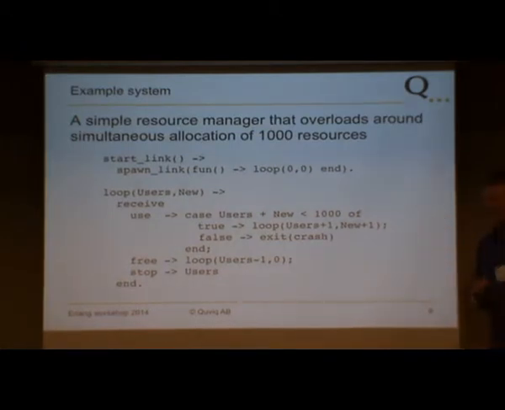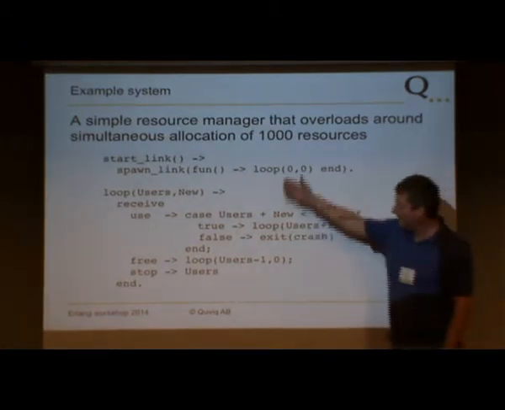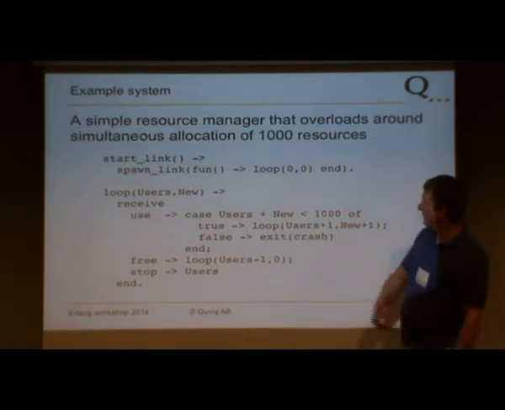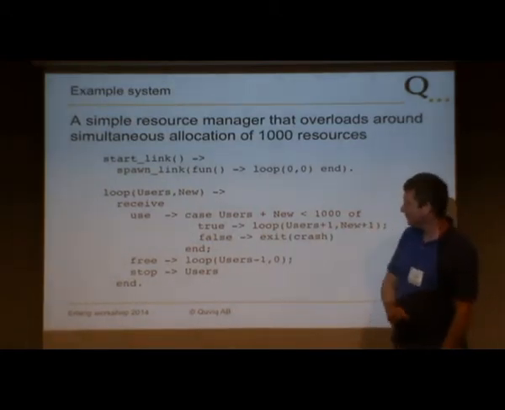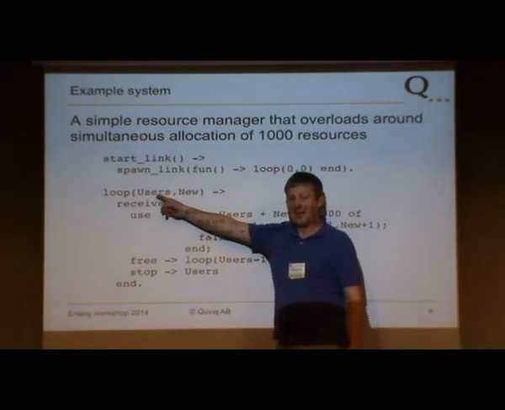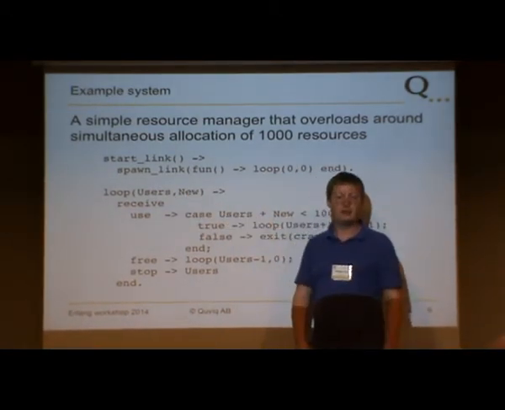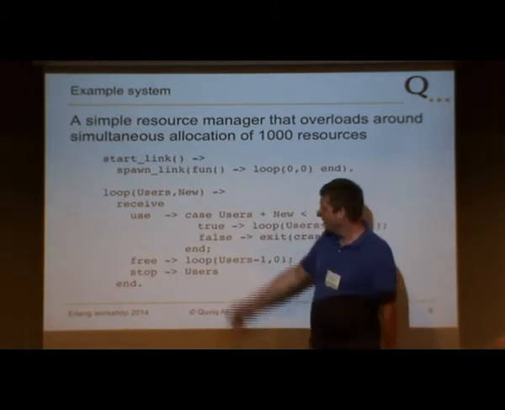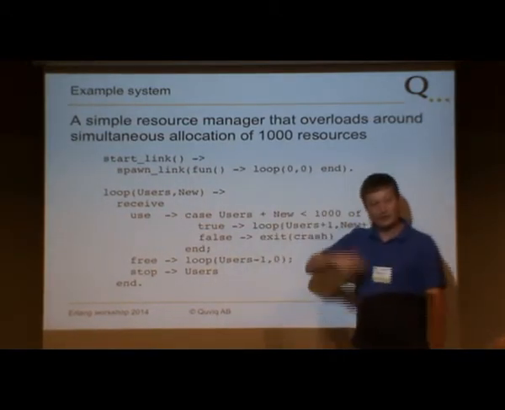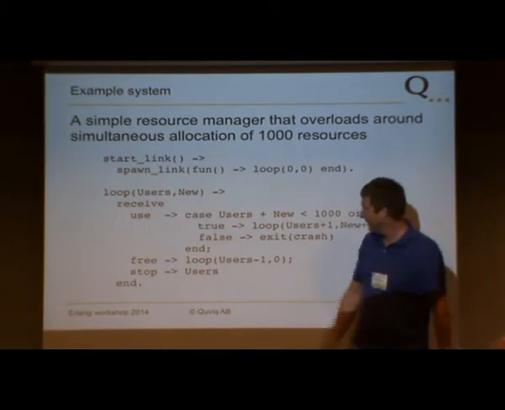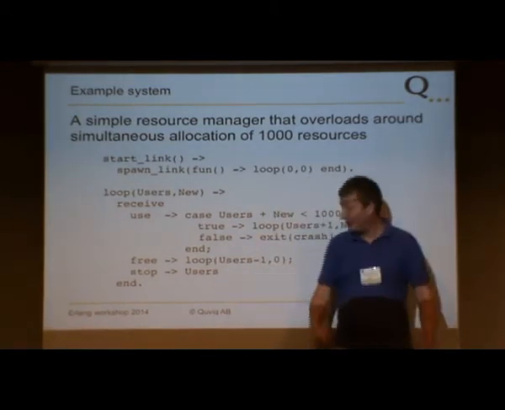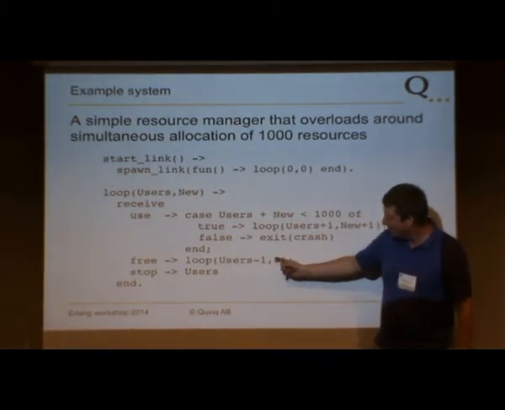This simple resource manager is just an Erlang function. It has two arguments in the loop, the number of users that it has and the number of recently new users that dropped in, just to make it non-determinate, more or less. So we have a receive, which says a use, and it will just say yes. And we have a free, and it will just increase the loop value with putting a 0 in the second one.